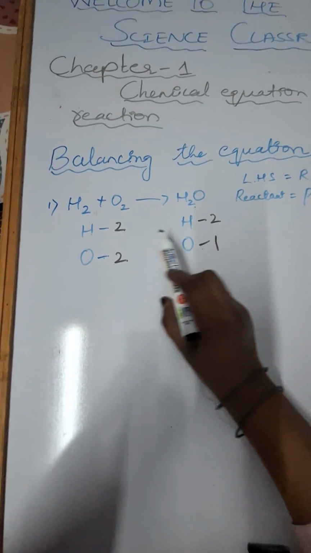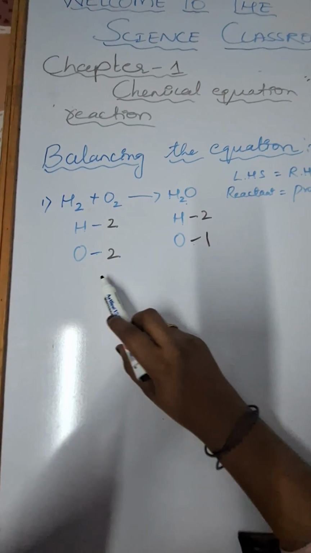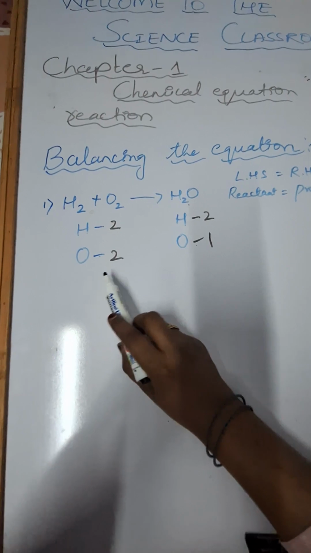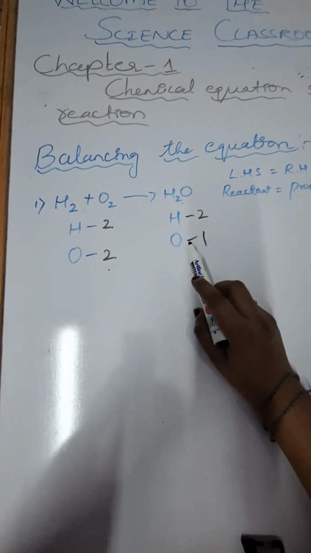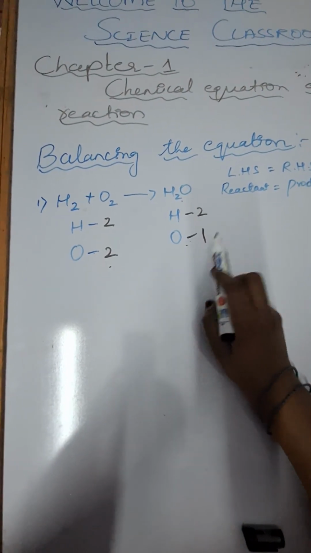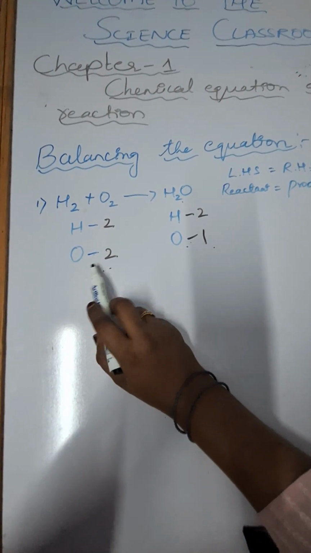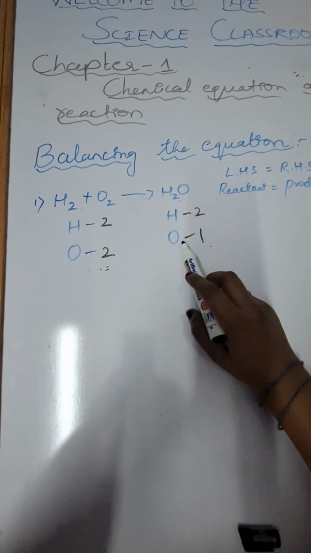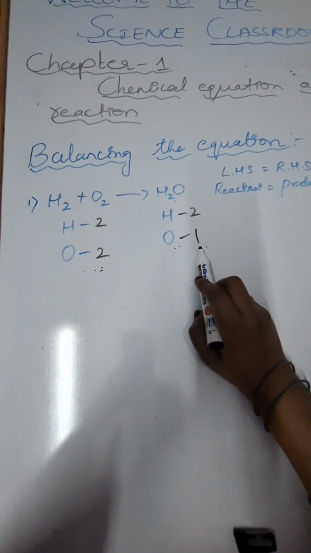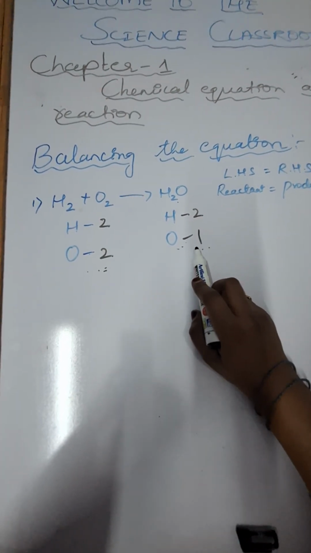As you can see here, hydrogen is balanced whereas oxygen is not balanced. Here it is O2 and here it is O1. On the left hand side, that is the reactant side, there is more oxygen. On the product side, there is one less oxygen.